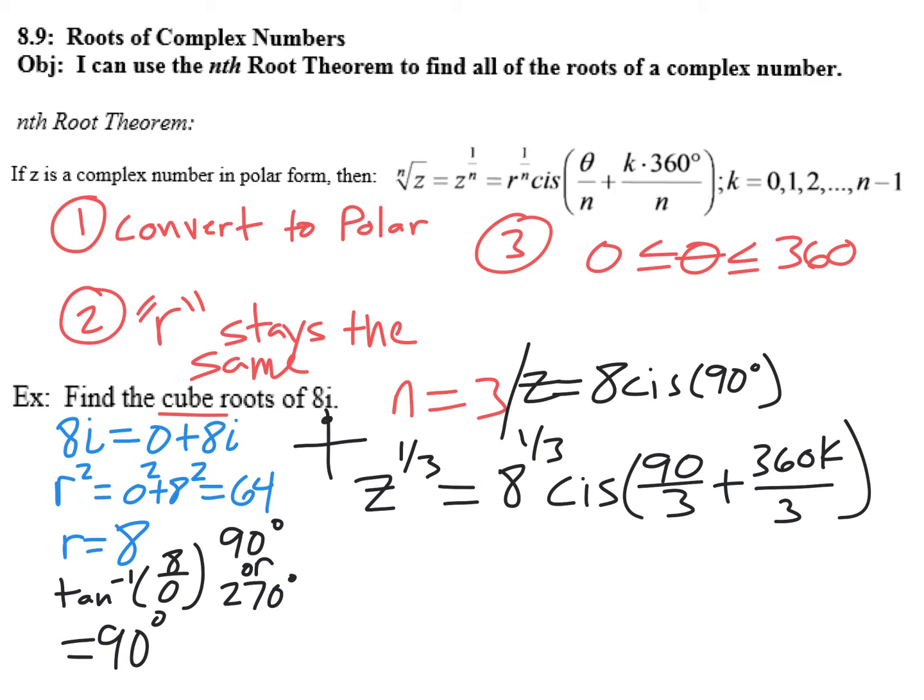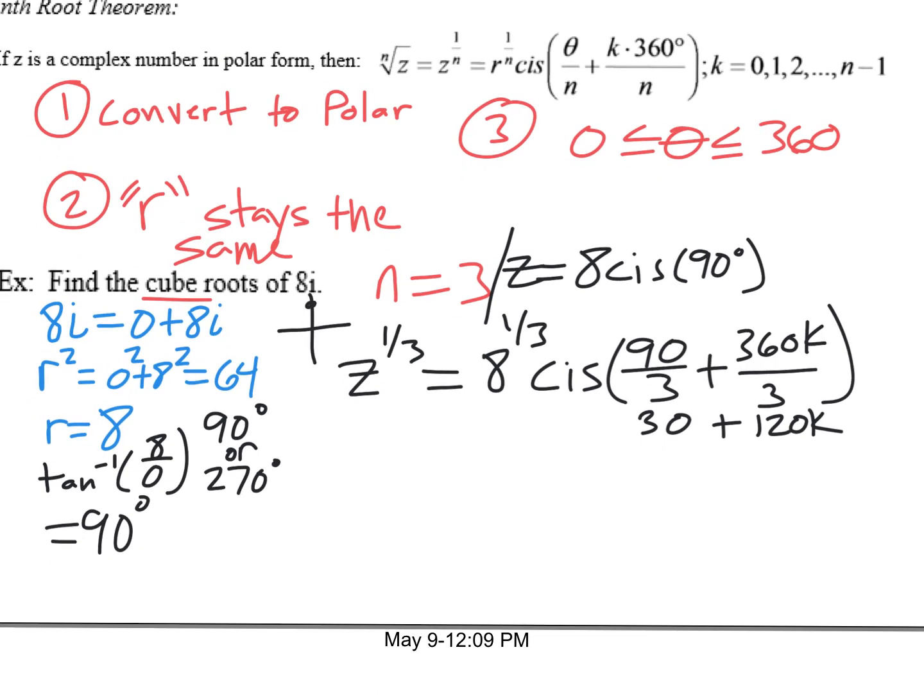So really what's going on here is I'll start with 30, and then I'm going to have to add 120. You basically keep doing it until you get past 360, okay? So I'm close to getting my answers here.